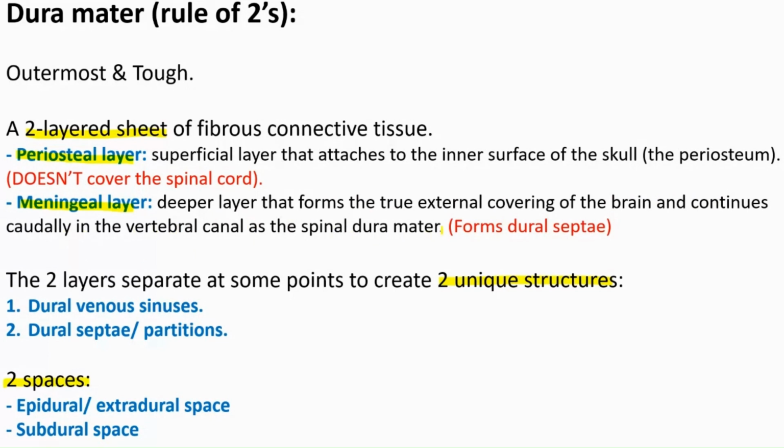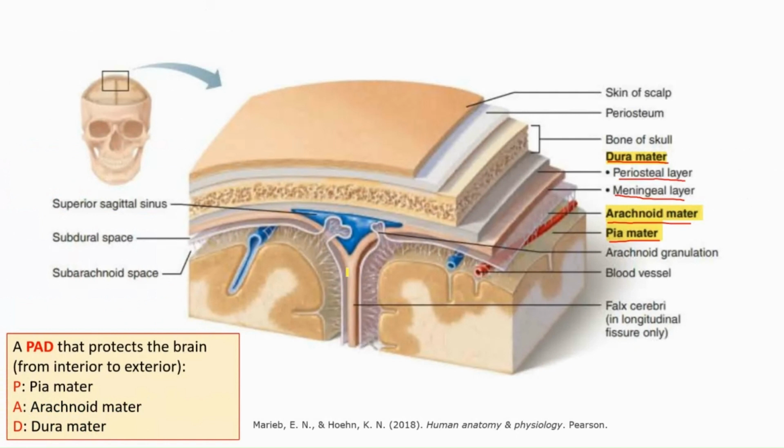What does that mean? Again, in this picture, you can see that this is the periosteal layer. It's adherent to the bone. Okay, it is attached to the bone. At some spaces here, you can see both these layers are attached to each other, but at some points they separate.